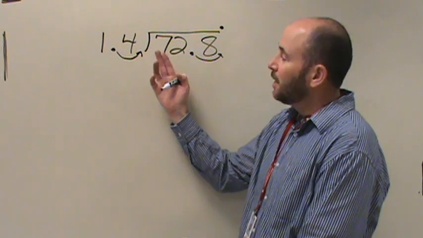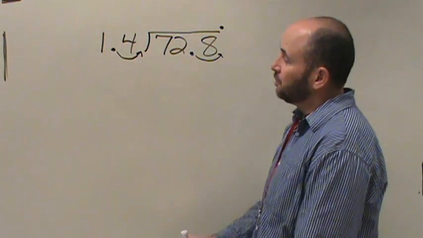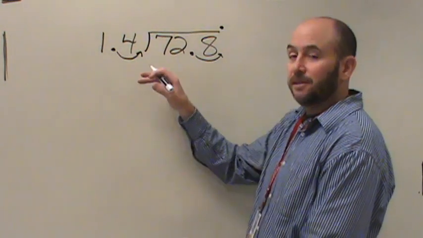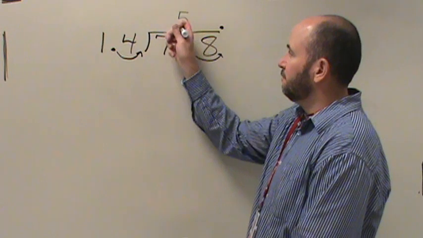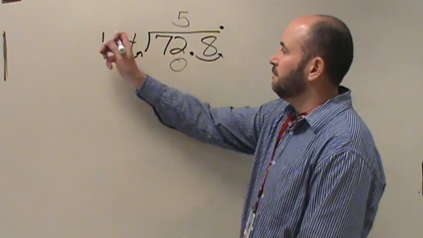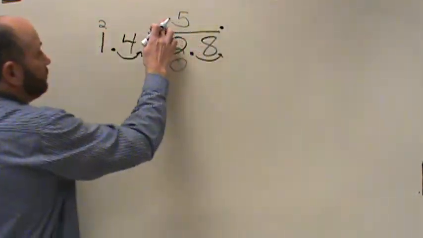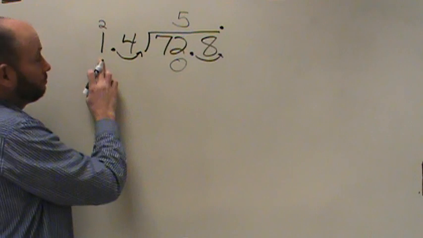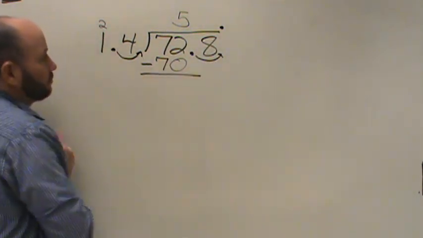Ask yourself, how many times can 14 go into 7? It can't do it. How many times can 14 go into 72? Well, in this situation, it would be 5. 5 times 4 is 20. Carry your 2. 5 times 1 is 5, plus 2 more will give you 7.